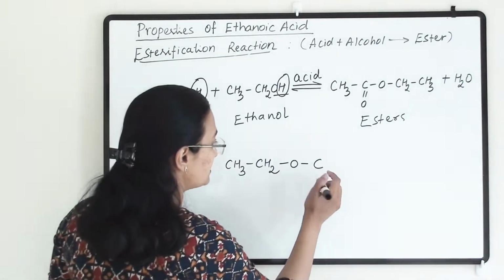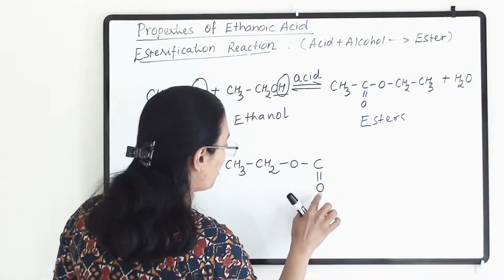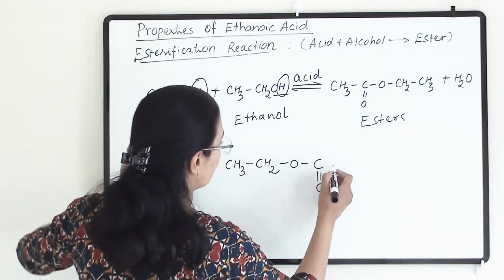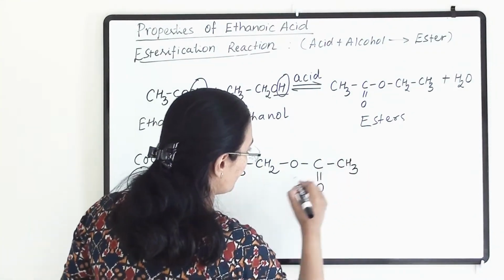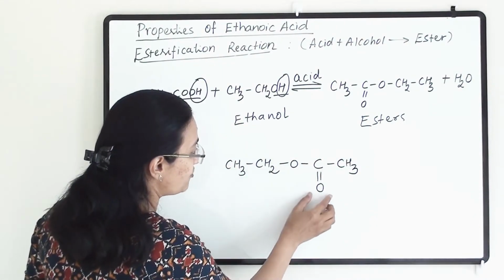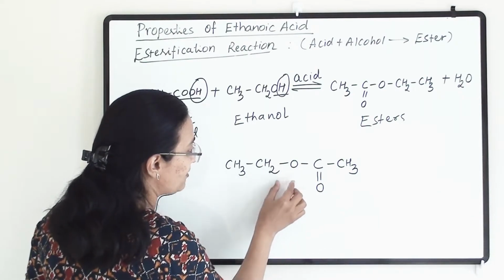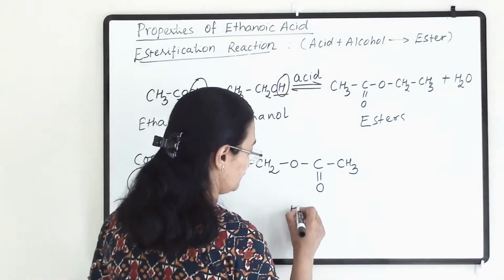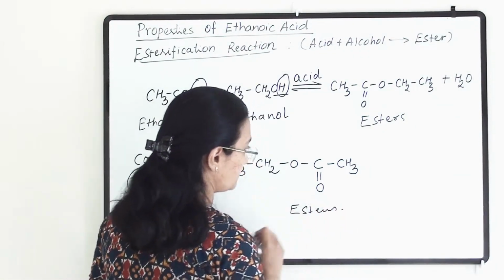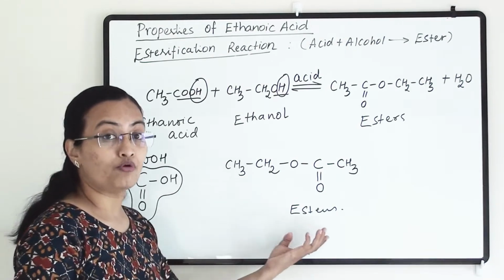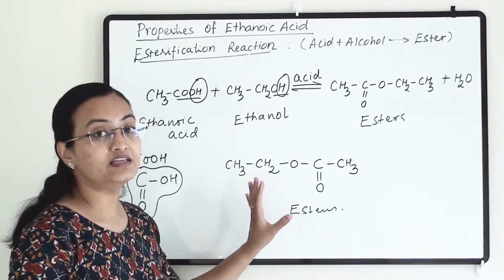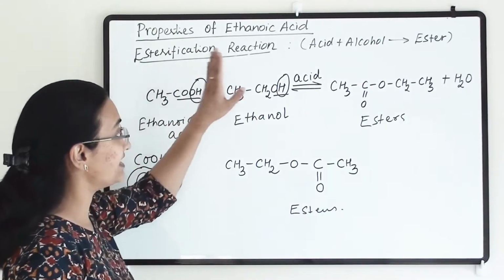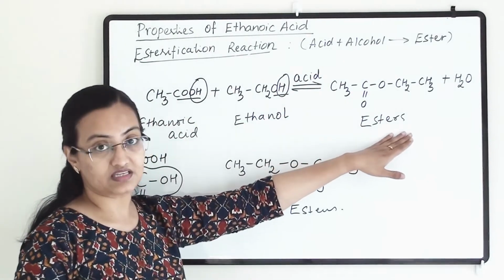So here I have written the carbon which is attached with oxygen, double bonded to the carbon, and after that the CH3 will be there. So now carbon's 4 valencies have been satisfied, oxygen's 2 valencies have been satisfied, and now this is our ester. The IUPAC name of this ester is ethyl ethanoate. So esters are a product of acid and alcohol.